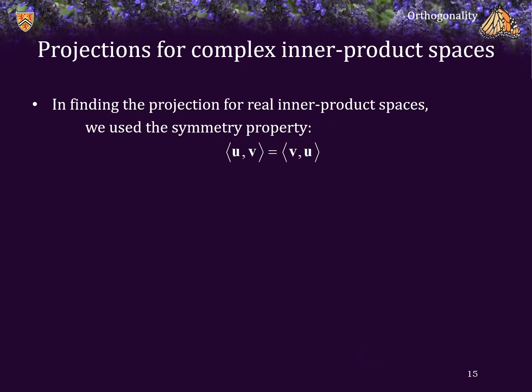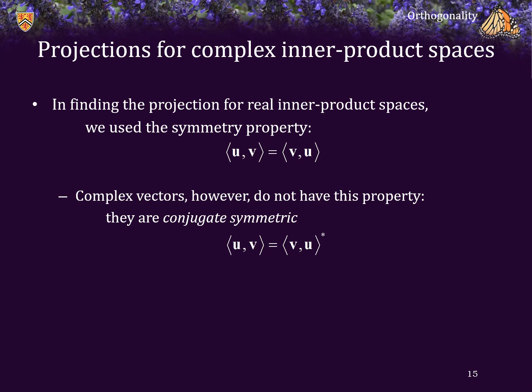Now, in finding the projection for real inner product spaces, we use the symmetry of the inner product. That is, the inner product of u and v equals the inner product of v and u. In complex vector spaces, this is not necessarily true. The inner product is conjugate symmetric. That is, the inner product of u and v is equal to the conjugate of the inner product of v and u.